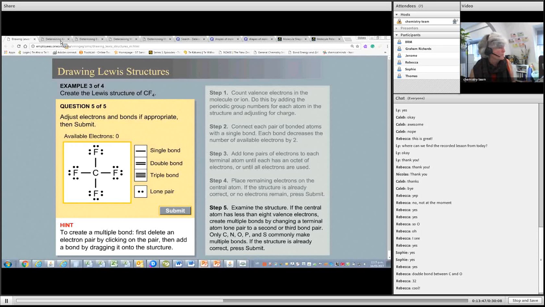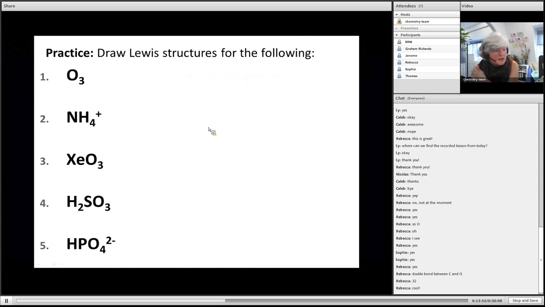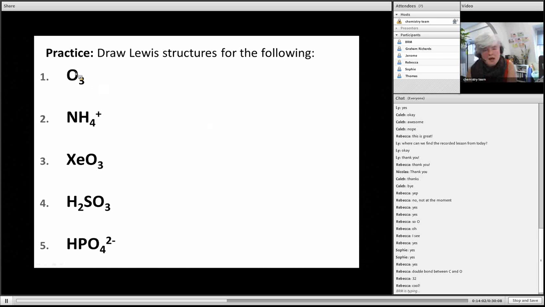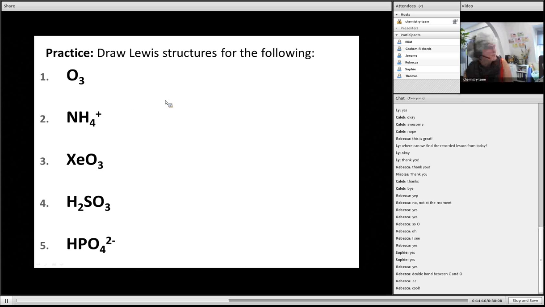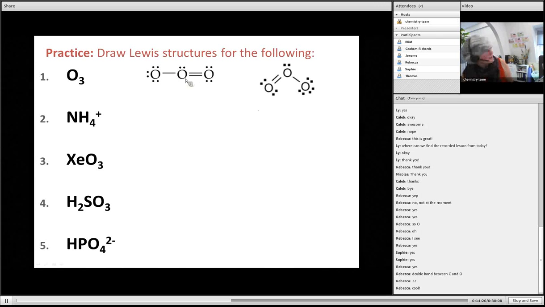I want to go over here. Now, we won't have time to work through these together, but I just want to highlight a few things. Ozone can be quite a tricky one because you think it should all be identical because it's all oxygen, but it actually isn't. So notice that there's a single bond and a double bond when you try that one out.